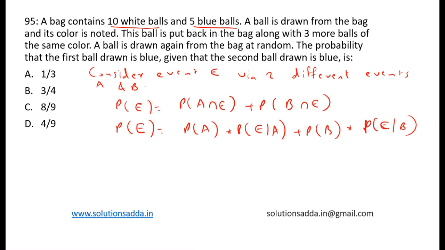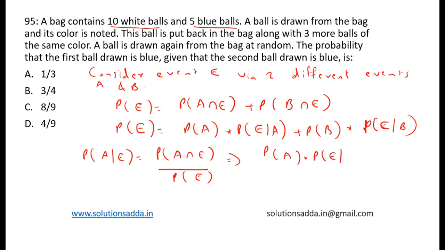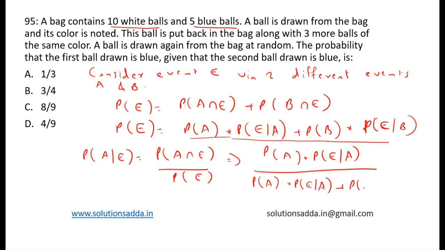Now the probability of the event A when event E has already occurred, we can calculate it as P(A|E) = P(A∩E) / P(E). Now we can recalculate this as P(A) × P(E|A) divided by the total probability of E, that is P(A) × P(E|A) + P(B) × P(E|B).